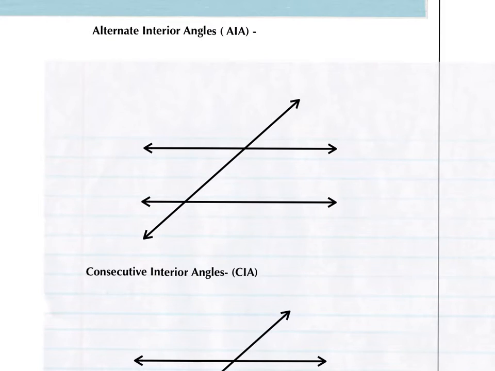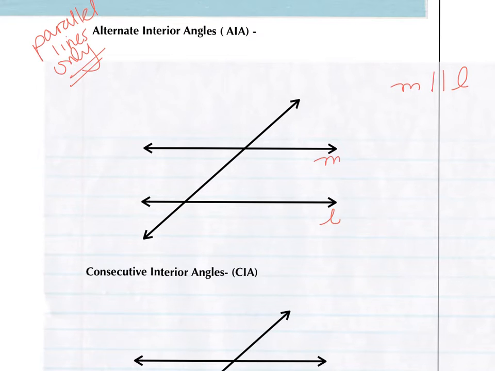Next set of angle pairs that are really special are alternate interior angles. Now, alternate interior angles only happen when we have parallel lines. A statement like this one here, M is parallel to L, you cannot assume that you have alternate interior angles, again, unless you have parallel lines. I call them AIAs because they're alternate interior angles.